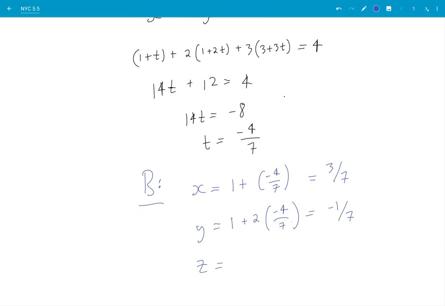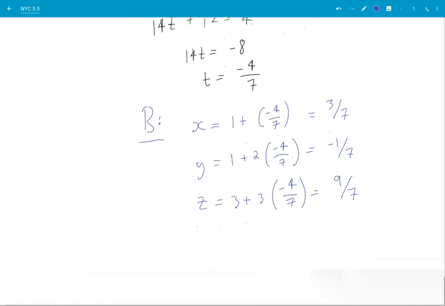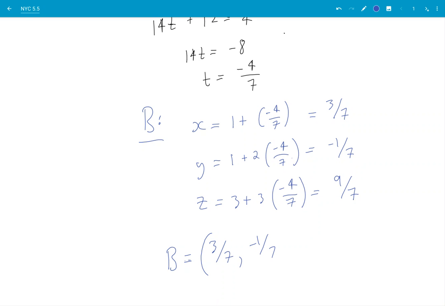And then z is equal to 3 plus 3t, which is 21 minus 12. 21 minus 12 is 9 over 7. So B is equal to 3 over 7, minus 1 over 7, 9 over 7. Okay.